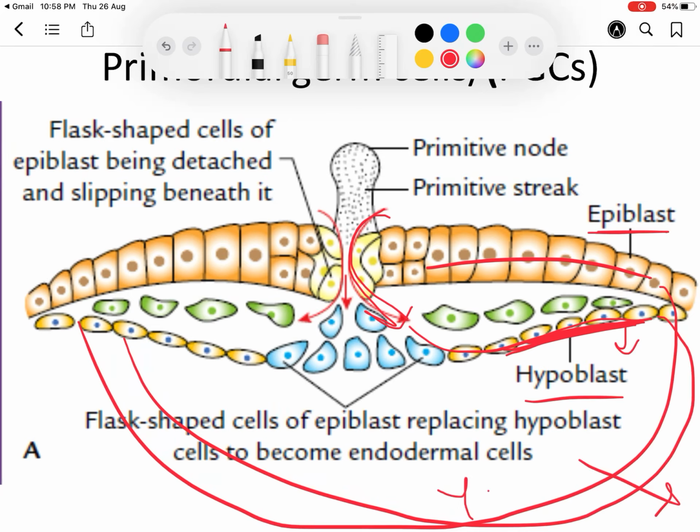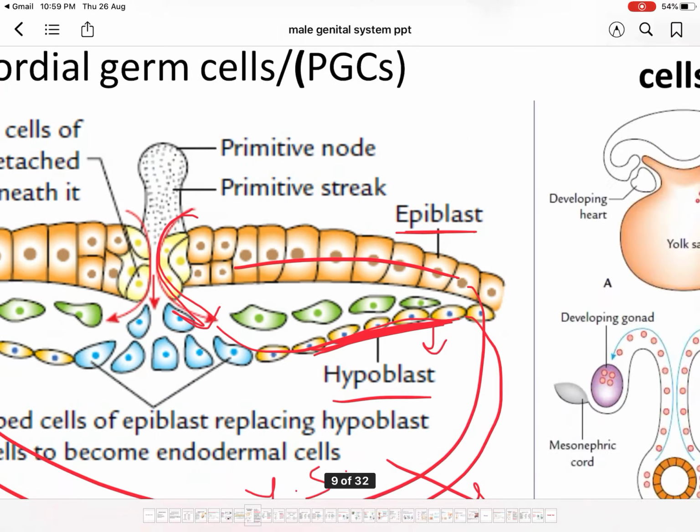Here will be the yolk sac. So the lining of the yolk sac is by the endoderm, and this yolk sac is also endodermal, and from this endodermal yolk sac the primordial germ cells are arising.